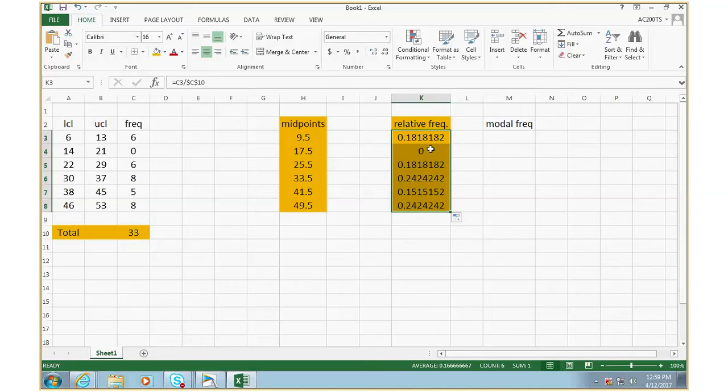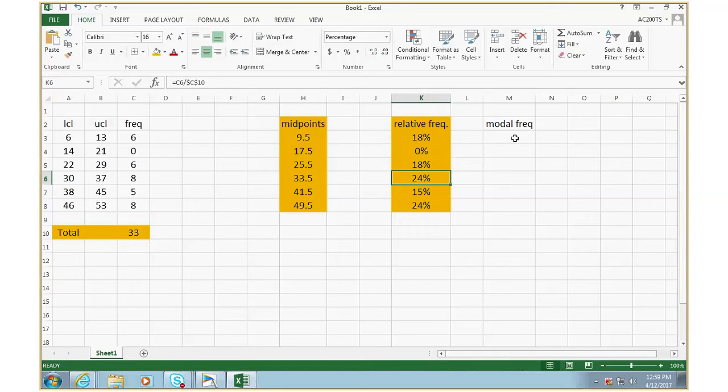So if you wanted to change those to percents, all you do is hit the percent button up here somewhere. So the book may want a decimal, or it may want a percent, whichever one it asks for, that's what you give them.